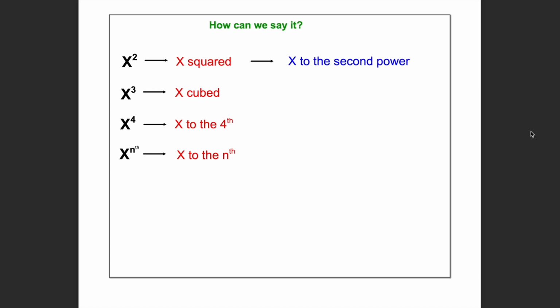But after that, we don't have very nice terms, so we have x to the fourth, x to the fifth, x to the sixth, and so on. So if it's x to the n, it would be x to the nth power. If we don't know what it is, it's x to the nth, where n is some number.